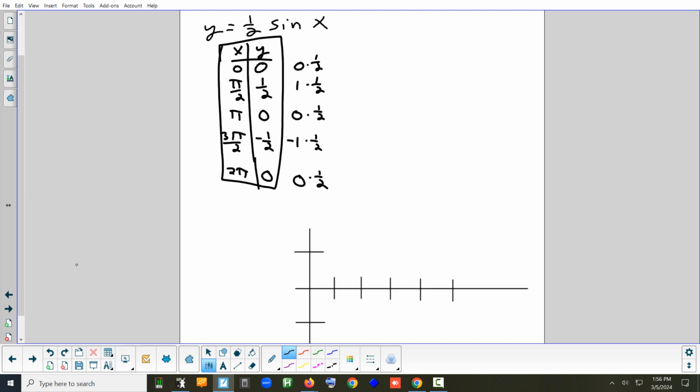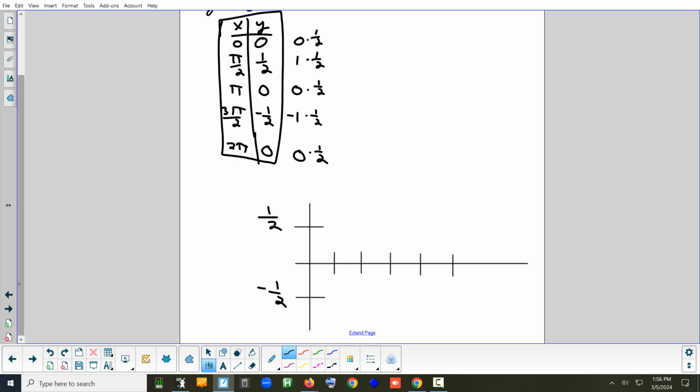All right, so let's make our sketch. What's the highest y value? 1/2. And the lowest? Negative 1/2. So let's call that a half, negative a half. Okay, put your x's. Pi.